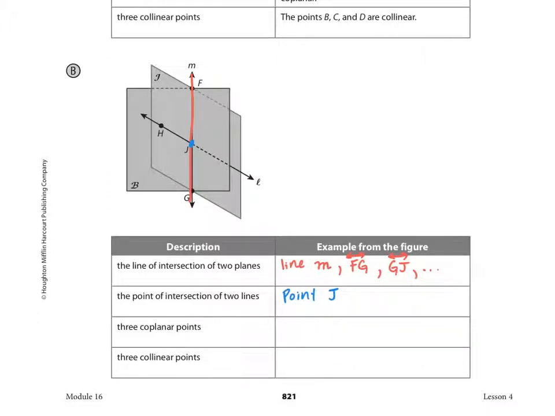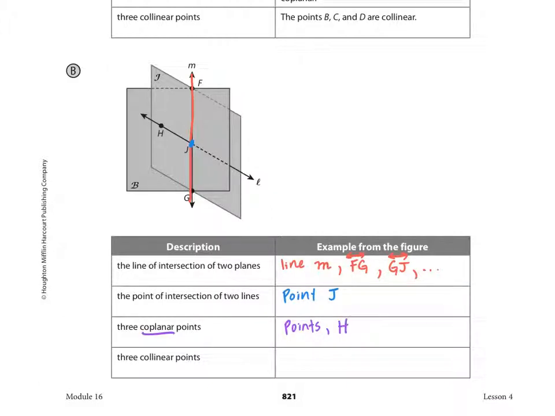Coplanar points. Coplanar means that the points are on the same plane. From the looks of this figure, it looks like all of these points are on the same plane. So we just need to pick 3 of them. Coplanar probably means it's looking for 3 non-collinear points. So we're going to throw H in there.